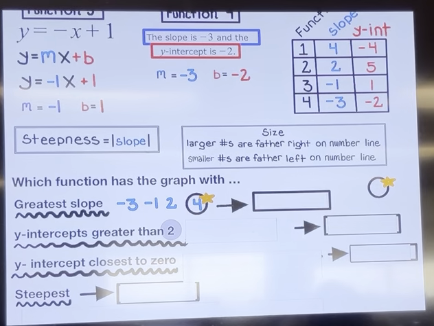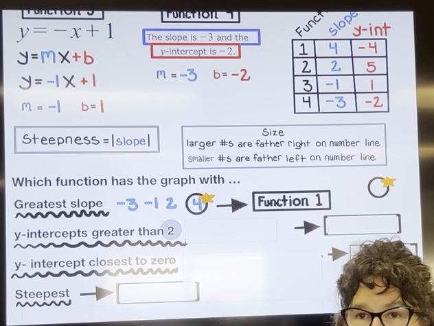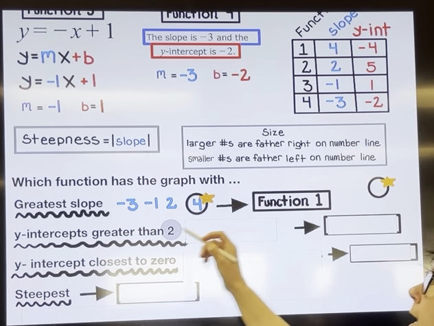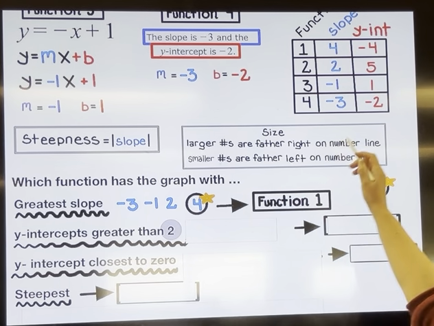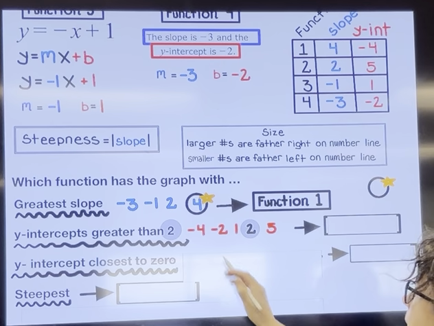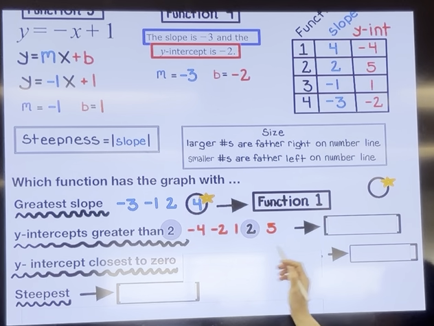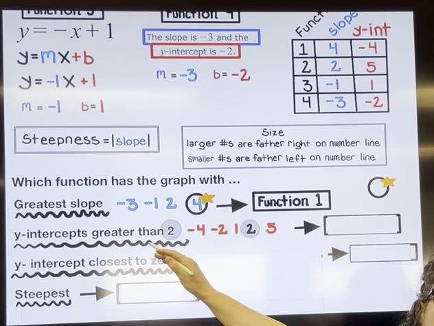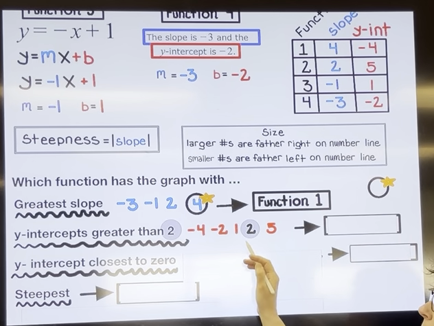Okay, this one here, my y-intercepts that are greater than 2. Well, if something is bigger, it's further to the right. So if I take all my y-intercepts, -4, 5, 1, and -2, and I put those in order, I also put the number 2 here. If I'm asking which one is bigger than 2, it really means which number is further to the right on the number line.